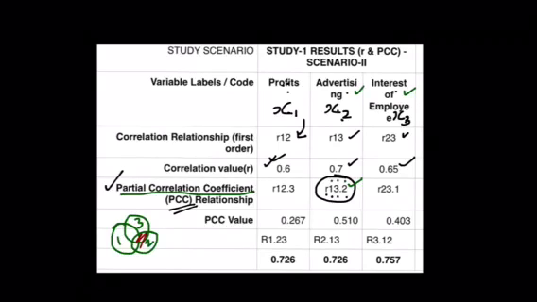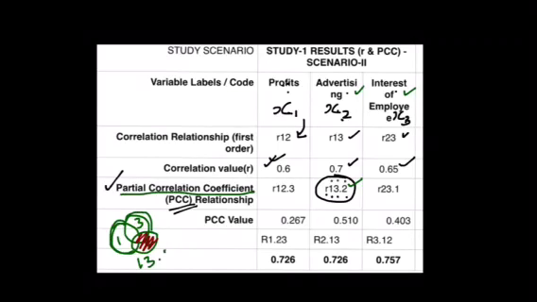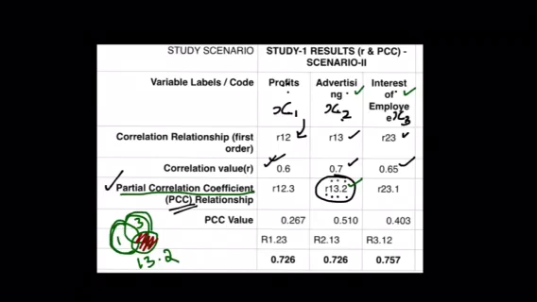So what I have here in the red is partialed out. What I have here in the green is the real relationship of what we call the PCC, the partial correlation coefficient relationship of 1, 3, while partialing the influence of 2 outside its ambit.